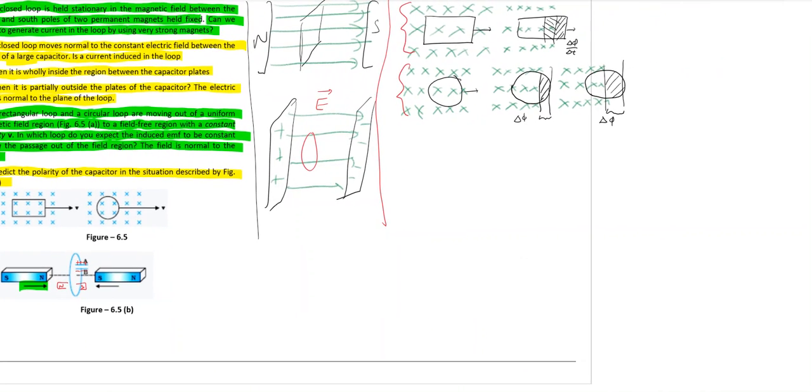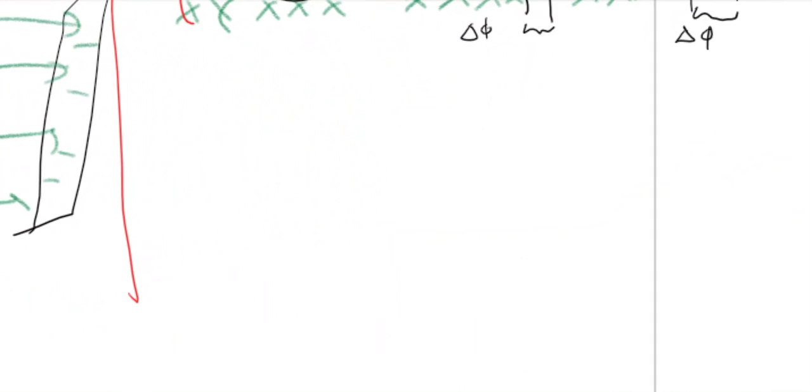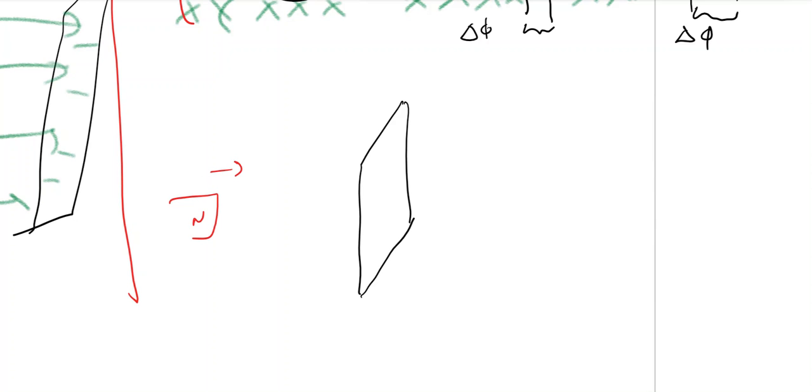To visualize it in another way, consider a rectangular loop and let the north pole be approaching it. If I label it as A, B, C, D, the current has to be from A to B to C to D. Then only will the induction be in such a way that north is here, south is here.